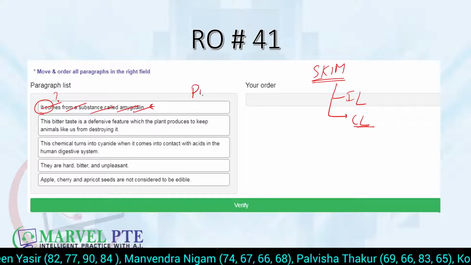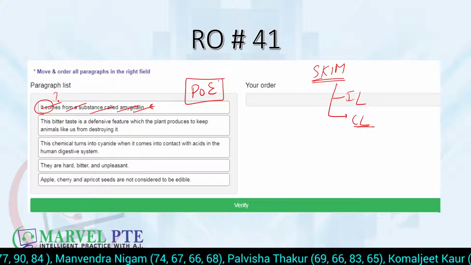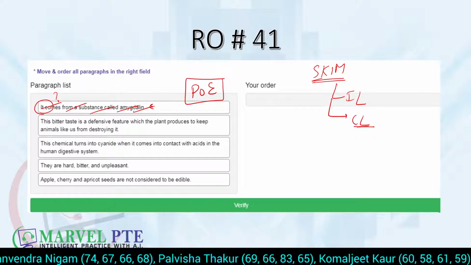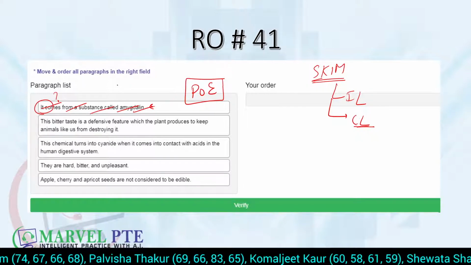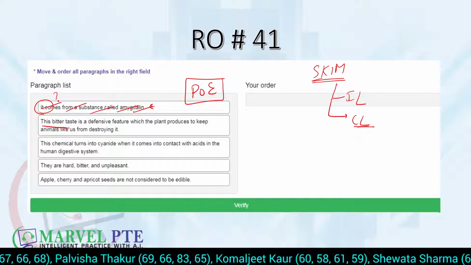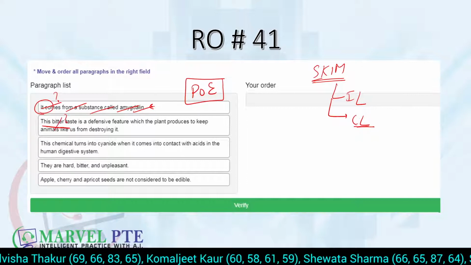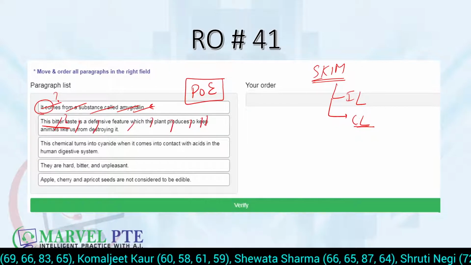Over here, we are using the process of elimination. In process of elimination, we eliminate the wrong options until we are left with the right option, which is the independent line in this reorder paragraph. This bitter taste, which bitter taste? I don't know. So we are going to eliminate this also, because bitter taste must have been mentioned somewhere.